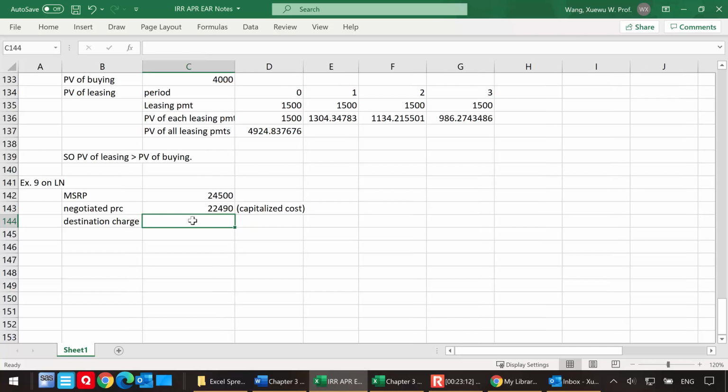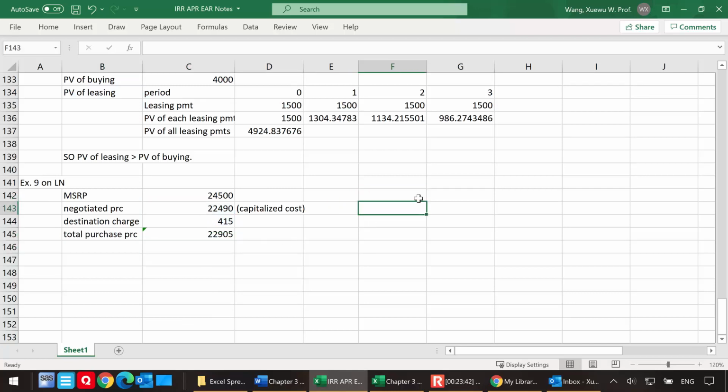This is $415. If you want to buy, you pay the total of $22,490 plus the $415. If you lease the car, the total purchase price is the summation of these two things, so that's $22,905.